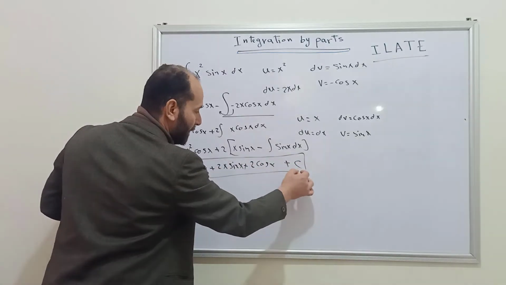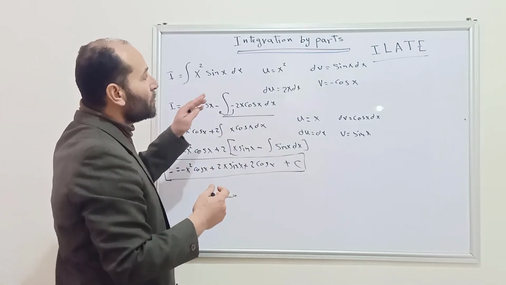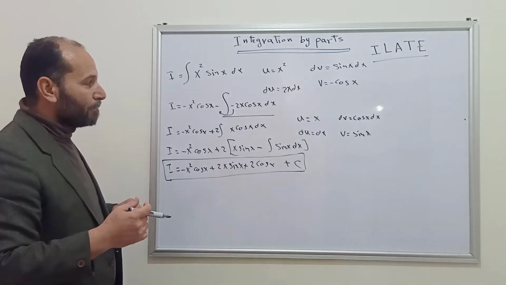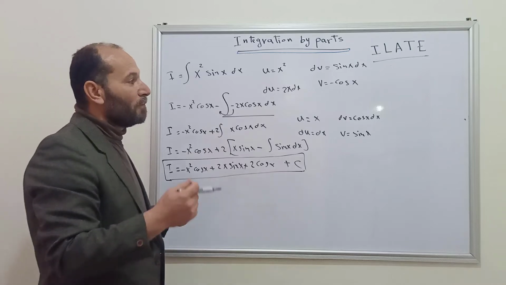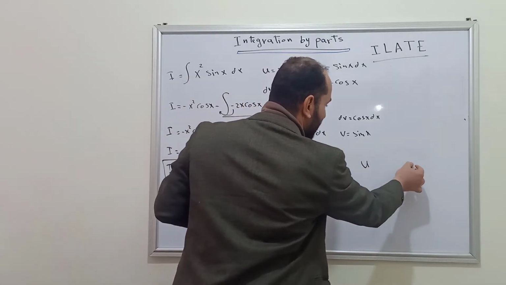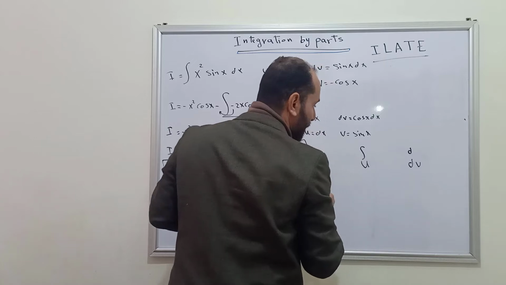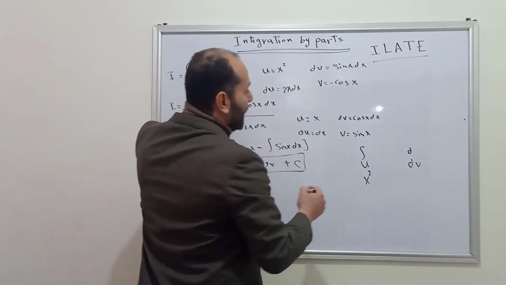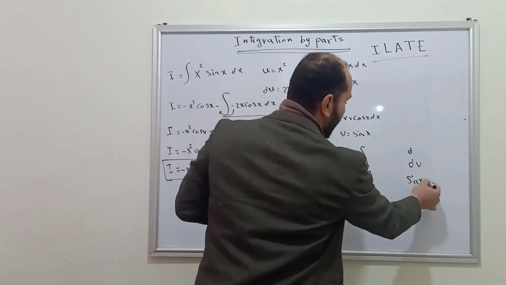This is the result of the integration. Now we applied this rule twice. How do we apply this rule in one step? We make u here and dv here. u is firstly x squared and dv equals sine x dx.